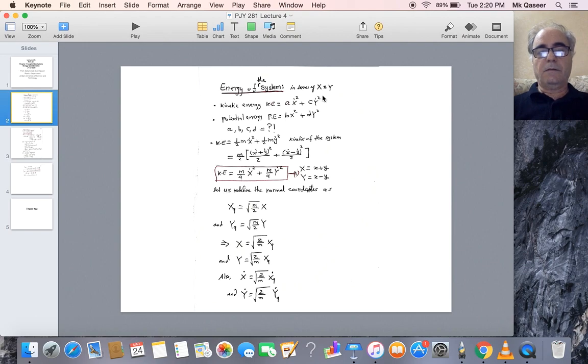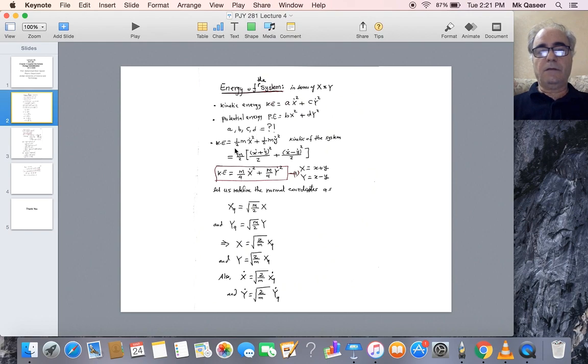As I said in the previous lecture, the kinetic energy should be some constant A times X capital dot squared plus some constant C times Y capital dot squared, and the potential energy should be some constant B times X capital squared plus D, some constant, times Y capital squared. So the question is, what are A, B, C, and D?